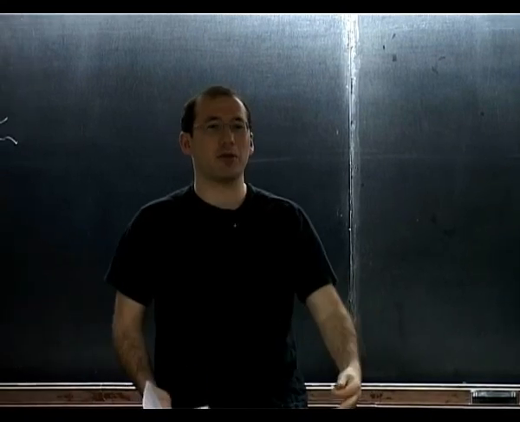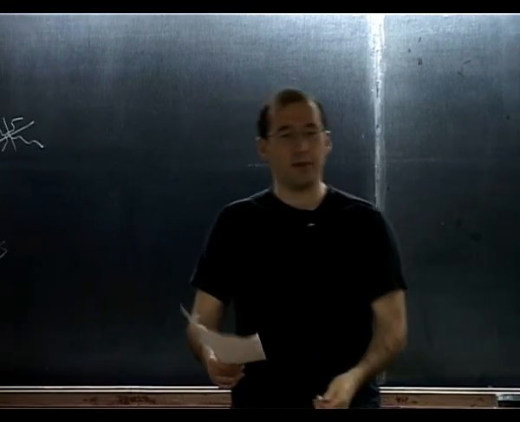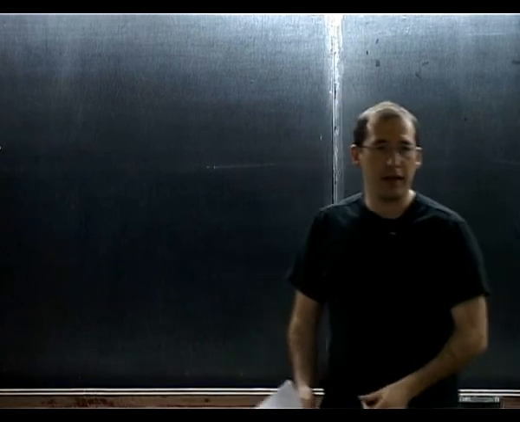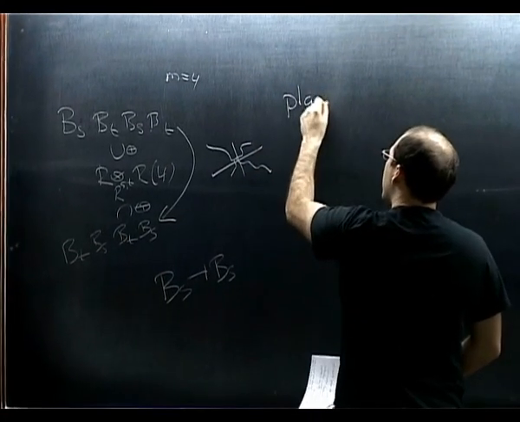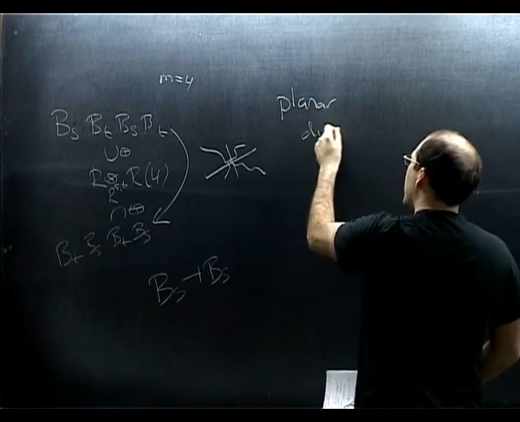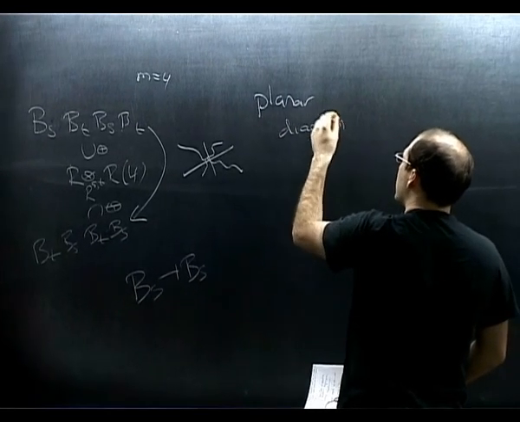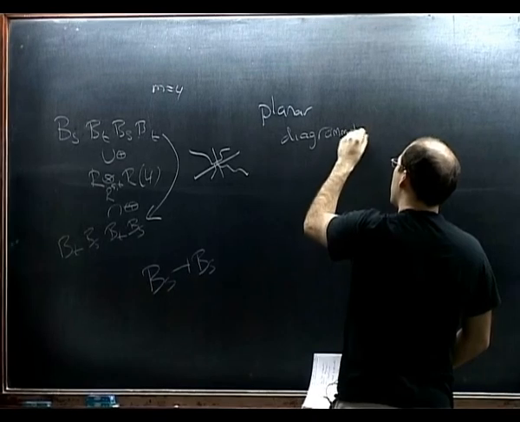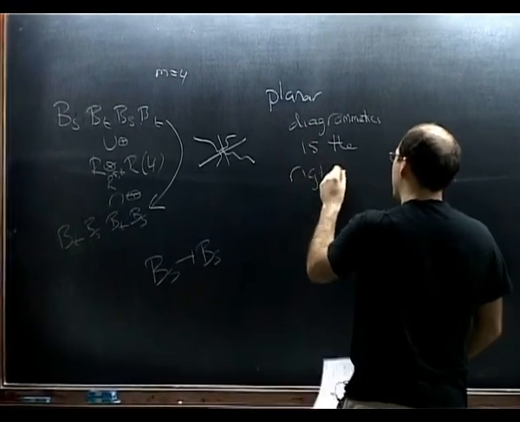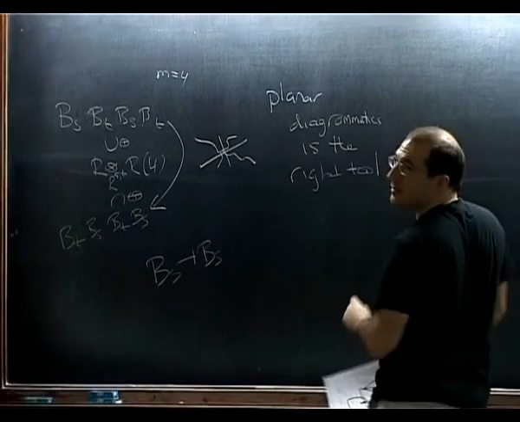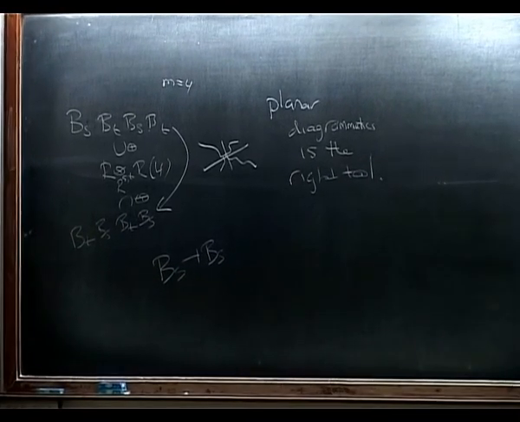This is just a general phenomenon. You'll see a bit of why today. So planar diagrammatics, I'll be more precise later, is the right tool, which is why we're going to use it.